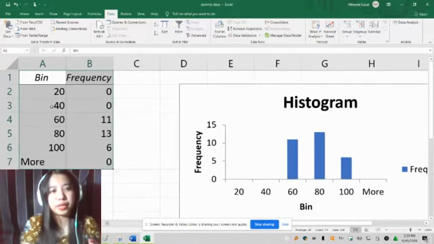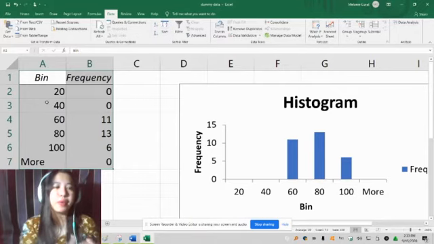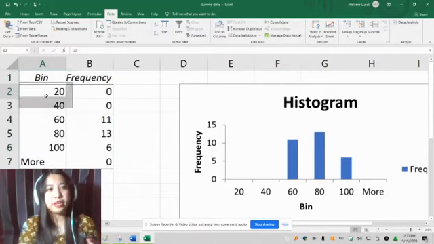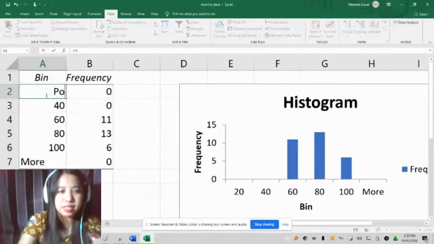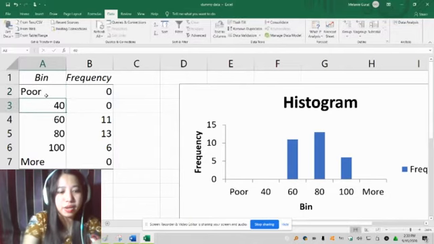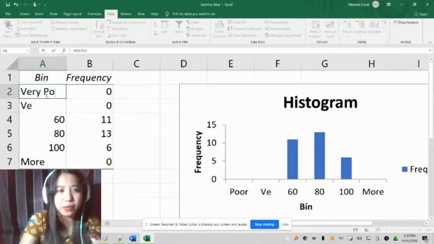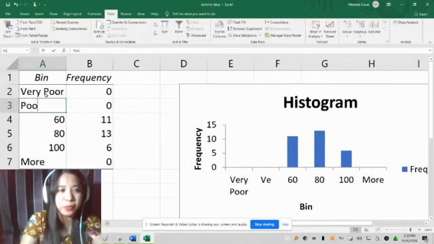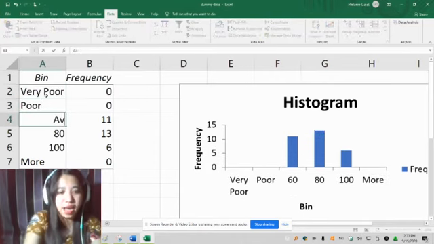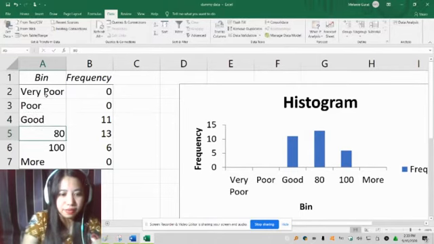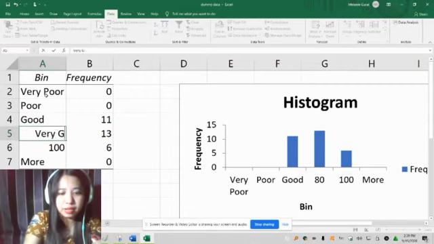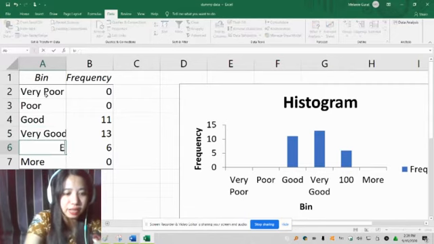But of course, we know that the 20 here corresponds to, we can already edit this. This corresponds, or rather, this is very poor. This is poor. This is average. Sorry, it's good, very good, and excellent.